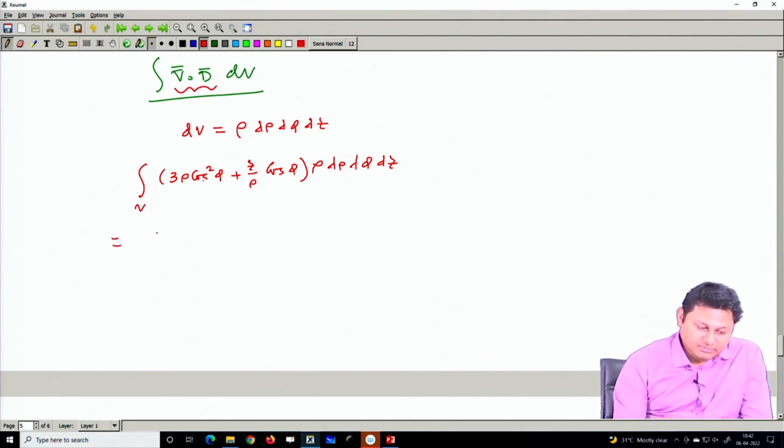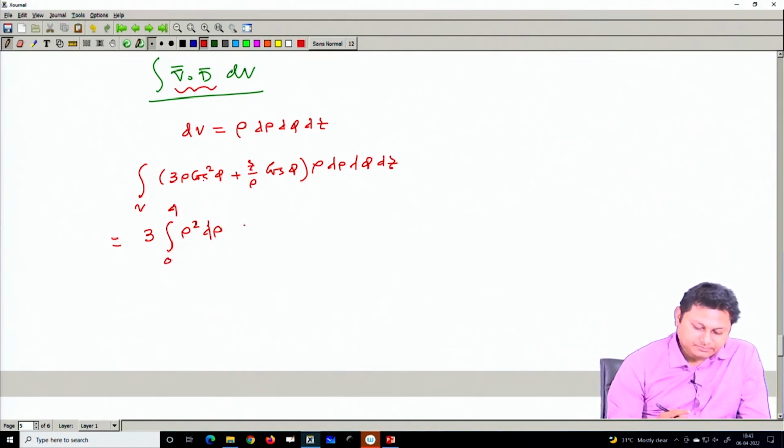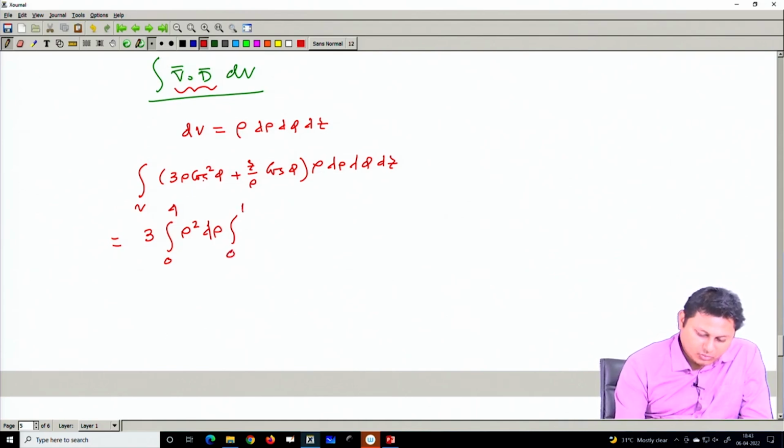So, if I now gather everything, so 3, then the rho part. So, this is rho square d rho with the limit 0 to 4. Then we have integration of 0 to 1, dz. Then we have integration 0 to 2 pi cos square phi.